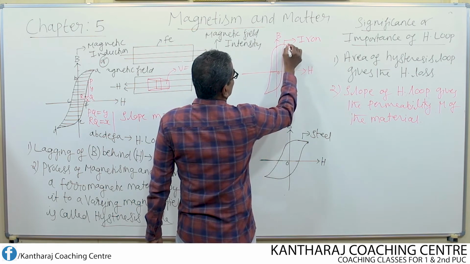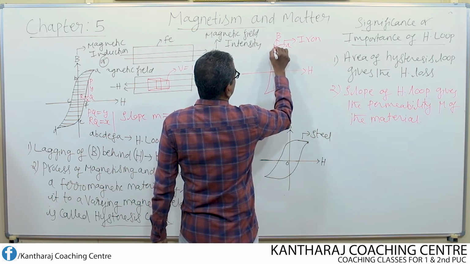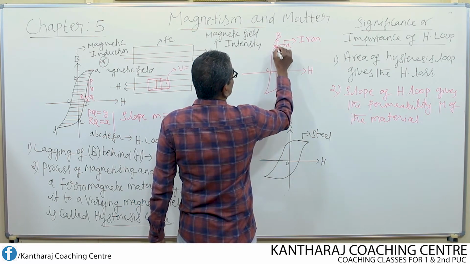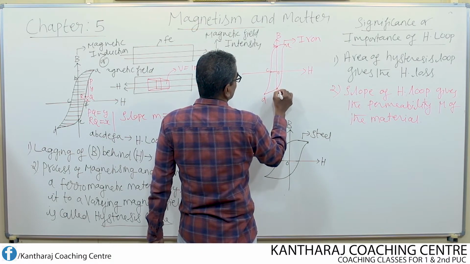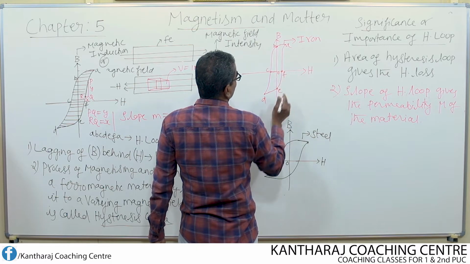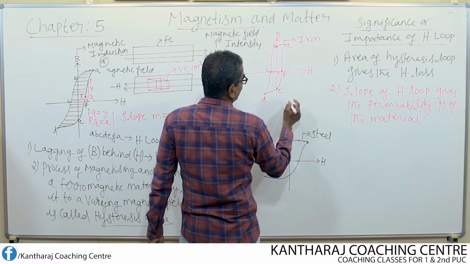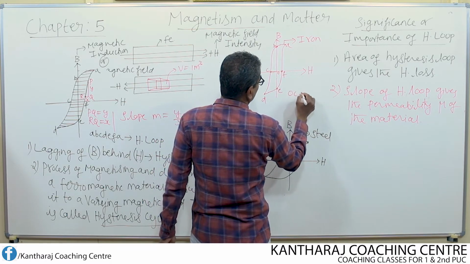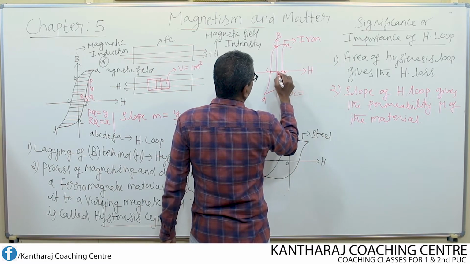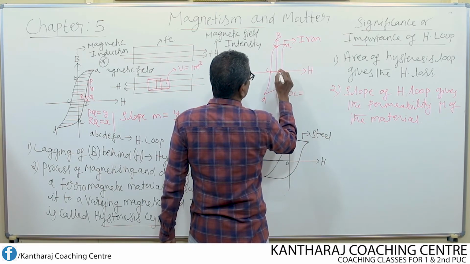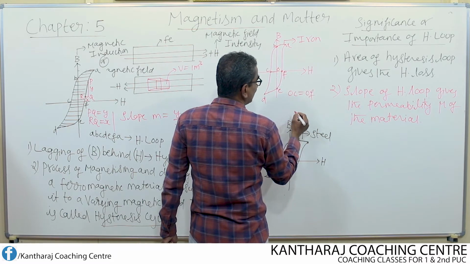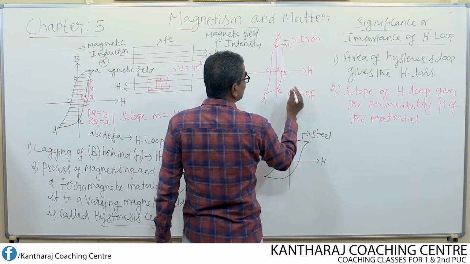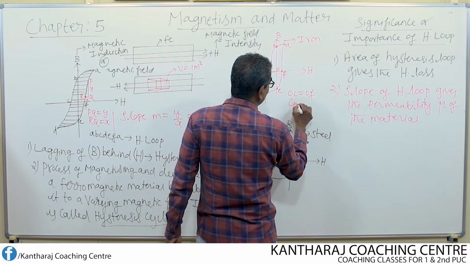Let us call this point O, this A, B, this point C, this D, this E, and this F. Look here, OC is equal to OF, understand? And this is nothing but the coercivity.